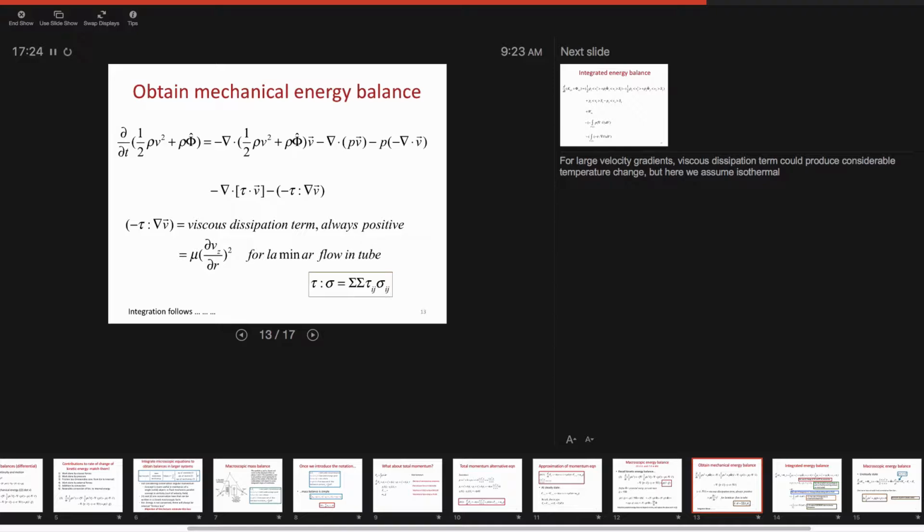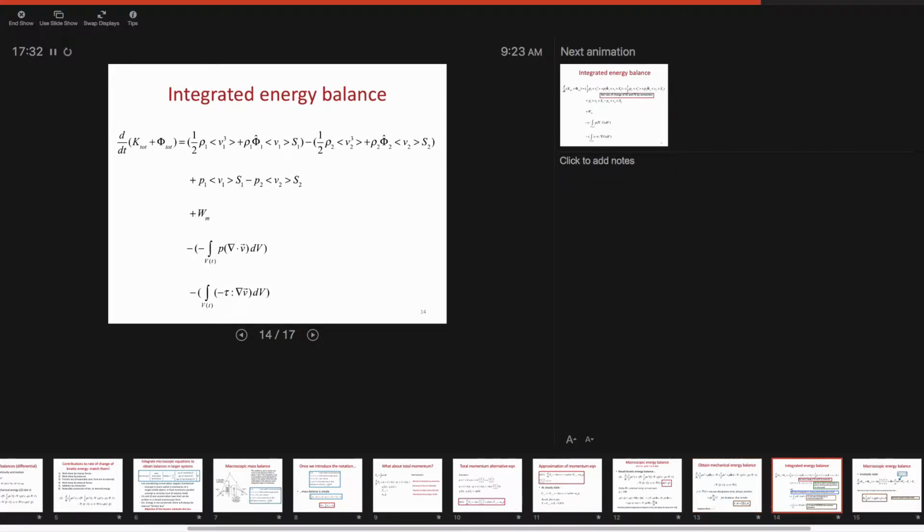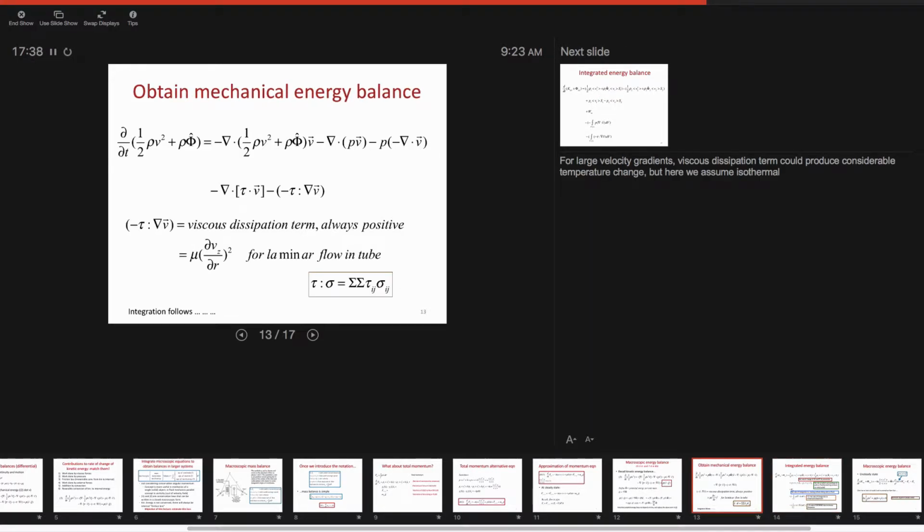Right. So are you dizzy yet from all of the terms? All right, so where are we? So this is basically when I integrate it. Okay, then, so this was my differential equation version. Now I integrate to get the totals in my system. Right?